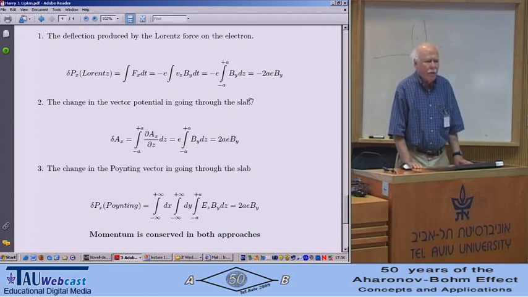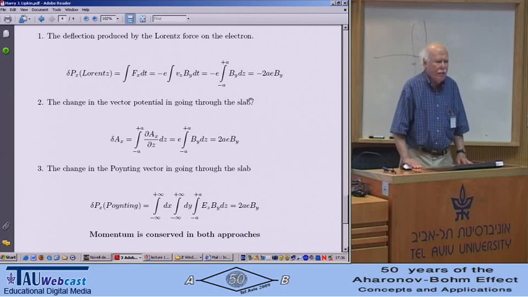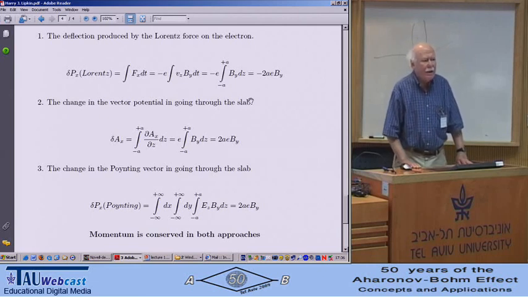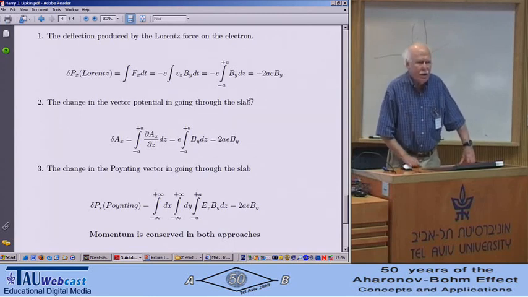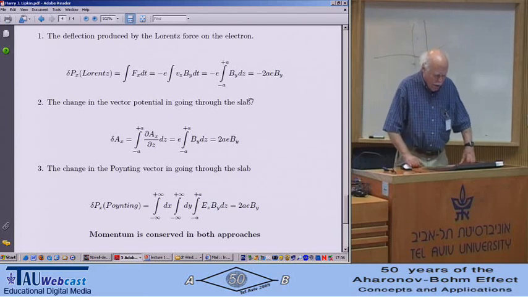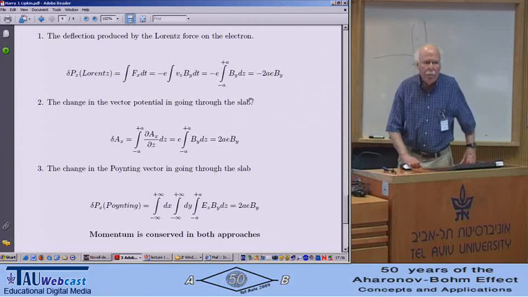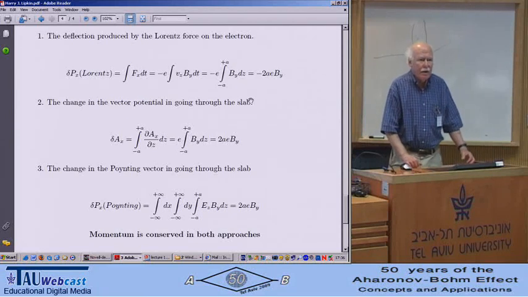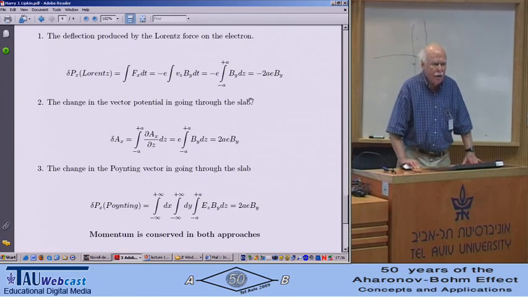But in order to conserve momentum, you have to include fields that go out to infinity. And that somehow doesn't sound reasonable. So using the vector potential at the point of the electron gives you a local description of everything you need.